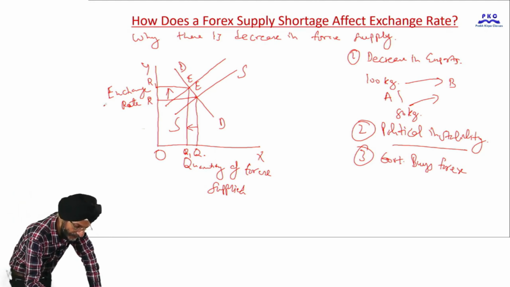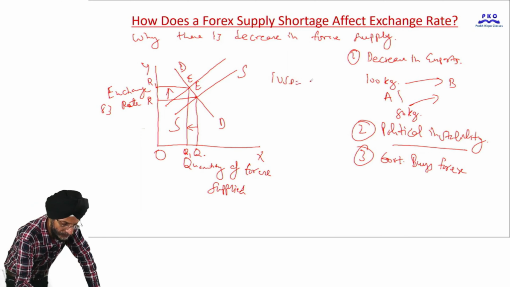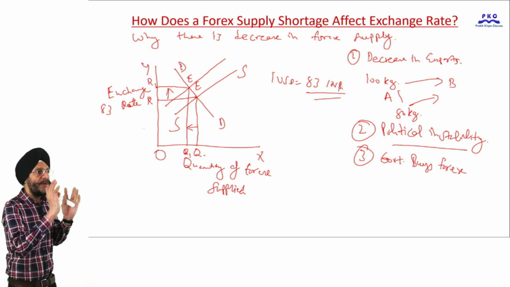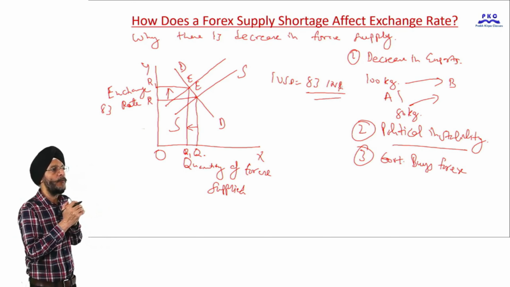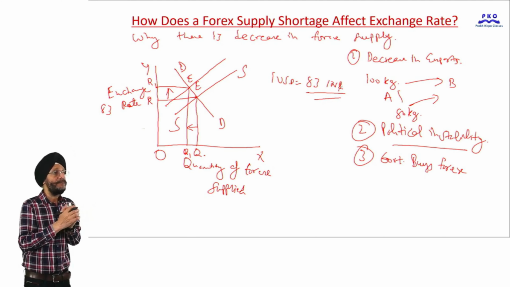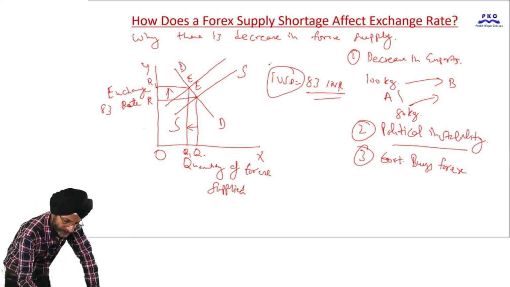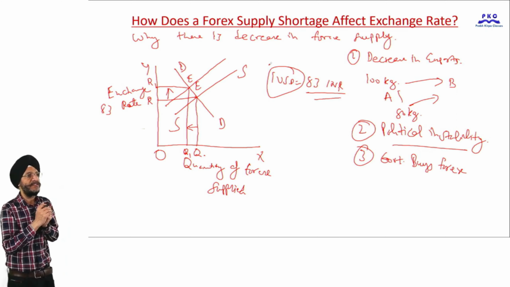Earlier say the exchange rate was 83. We are suppose here taking the example of $1 is equal to 83 INR. It means that to get $1, the people living in India will have to pay 83 Indian rupee. But when the supply of US dollars has decreased, exchange rate has increased.